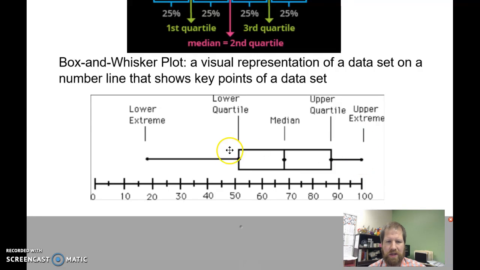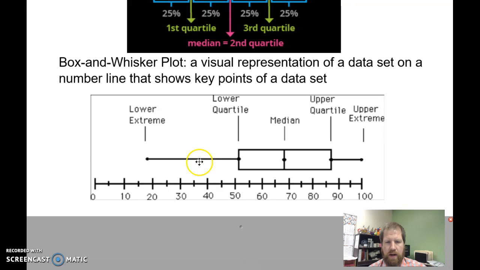A box and whisker plot is nice because it lets us see really quickly some of the useful information from our data set. So I know if this was a test, someone got 100. The median for all the scores was like 68. And someone did really not do very well and got like an 18, 17.